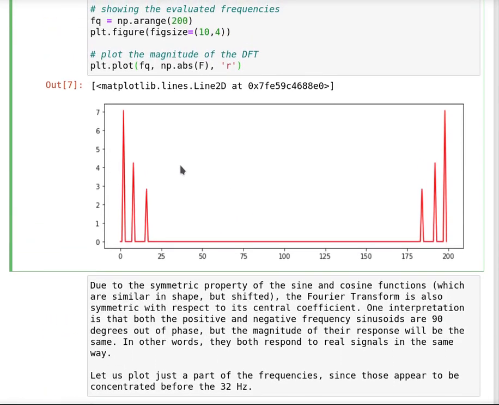However, as you can see here, we have 3 peaks in the beginning, and then we have another 3 peaks in the end.